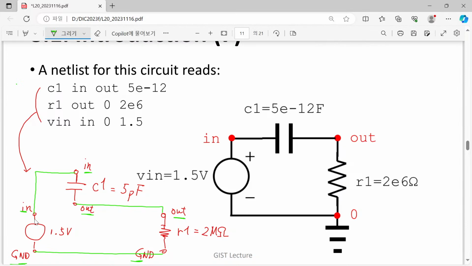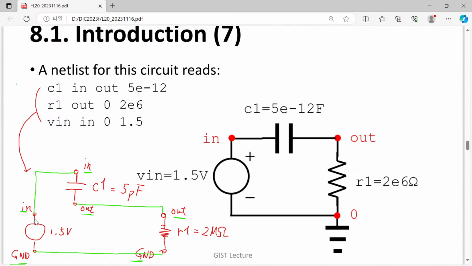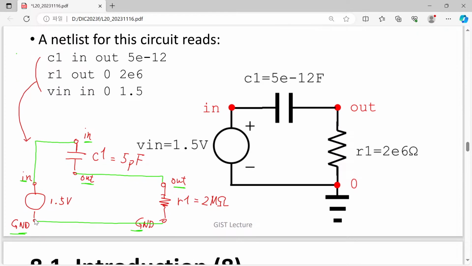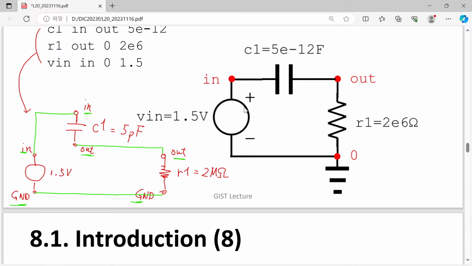So that will be the circuit schematic specified by this netlist. Please compare this circuit schematic with the answer or the original question of our RC circuit. You can find that they are equivalent to each other.